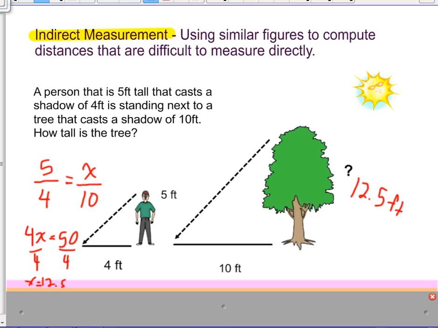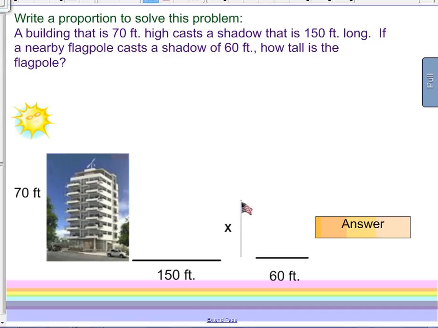All right, so another example, it says write a proportion to solve this problem. A building that is 70 feet high casts a shadow of 150 feet long. If a nearby flagpole casts a shadow of 60 feet, how tall is the flagpole? I'm just going to set up the proportion for you, and then I think you get the gist of cross multiplying, so I won't solve it.